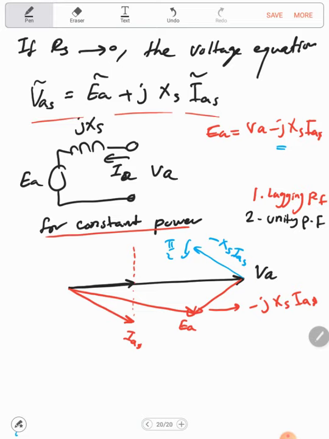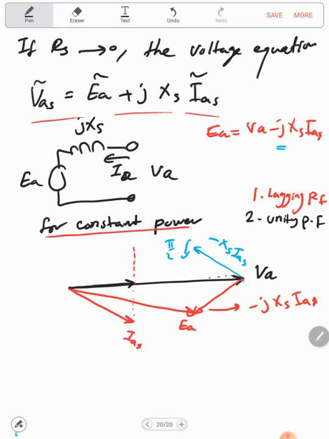So simply this will be the direction of the minus IA XS, and the J will do the 90 degree.